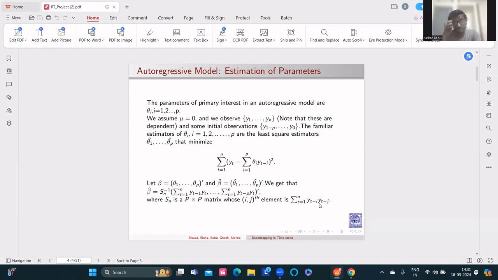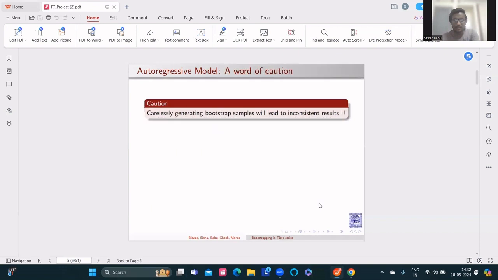Basically, we are fitting a linear regression model where the current value of the time series is regressed on its past values, and using beta hat equal to x transpose x inverse into x transpose y to arrive at this representation.